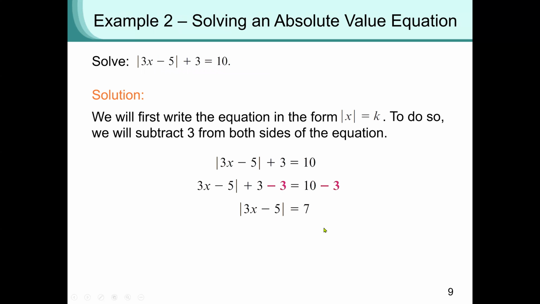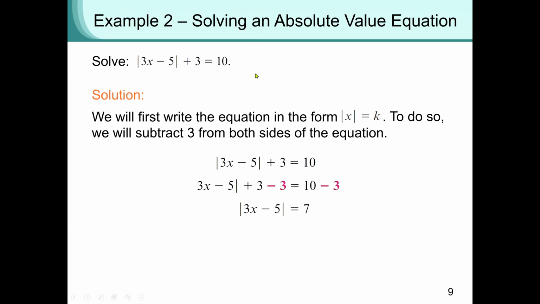So now let's solve an example. Here they say we should solve the following equation. We have the absolute value of 3x minus 5, then plus 3, equal to 10. The first thing I'm going to do is remove the 3. I'm going to use negative 3 to cancel the positive 3, and anything we do to the left side of the equation, we have to do the same thing to the right side.